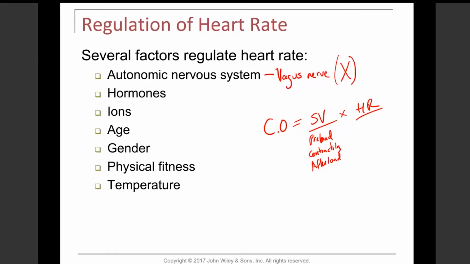So you have epinephrine, norepinephrine, things like that. Different ions, right? So if you have increased extracellular potassium levels, you can impact heart rate. But generally you get a feel for how heart rate can vary depending on plenty of different things, right? So if you wanted to really regulate your cardiac output, and you wanted to have more control over it, one of these might be a better sticking point for that. Okay.